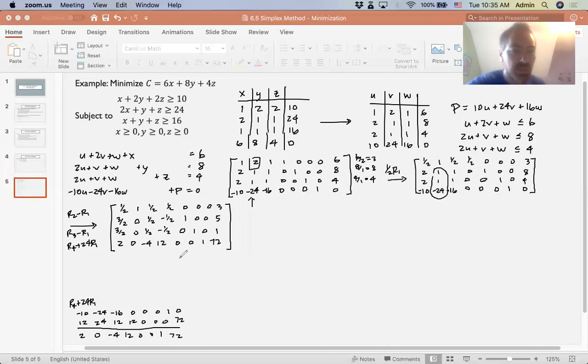All right, so now we look at our last row. If we still have negatives, then we keep going. We only have one negative, so we'll work with this third column. We look at the ratios. 3 divided by 1/2 is 6. 5 divided by 1/2 is 10. And 1 divided by 1/2 is 2. So we'll take this 1/2 in the third row as our pivot, and we'll multiply row 3 by 2 to make that become a 1.